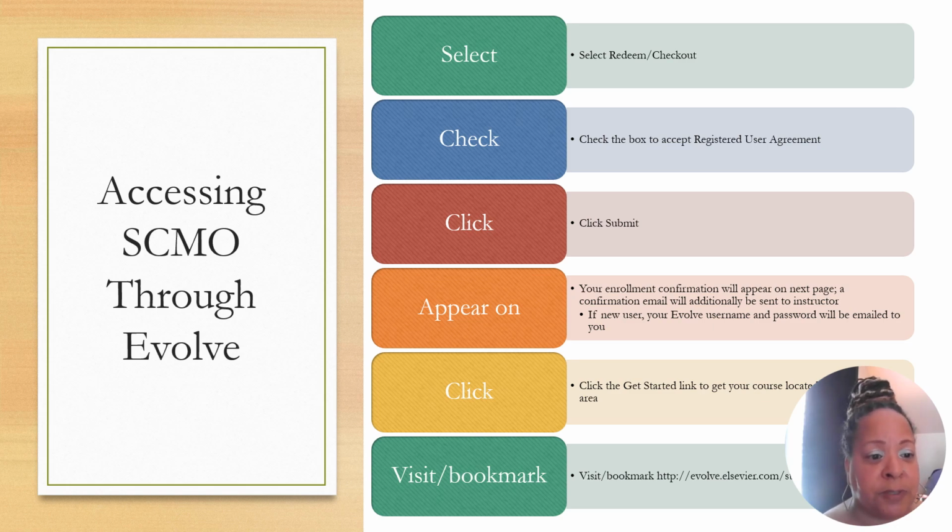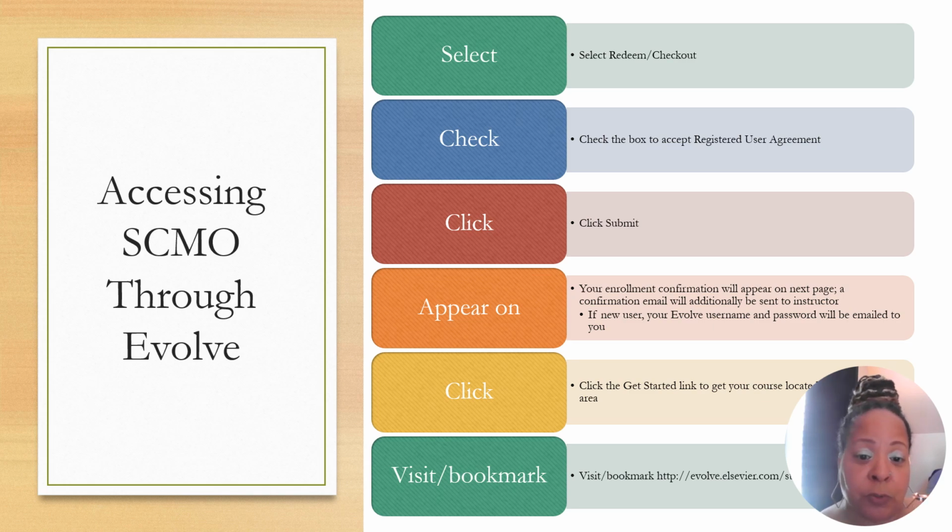Accessing SCMO through Evolve. So you're going to select redeem/checkout. Check the box to accept the registered user agreement. Click submit. Your enrollment confirmation will appear on the next page. A confirmation email will additionally be sent to the instructor.